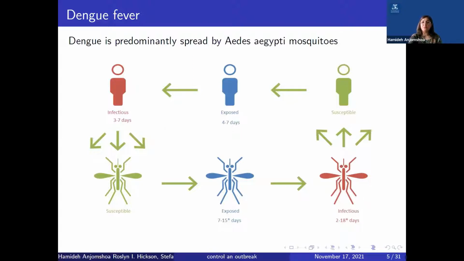At the end, the person will be removed either by death or by the immunity that the person receives. But we don't have that story with dengue. With COVID, the person won't be immune forever, and will come back to the susceptible population. That's a bit trickier.